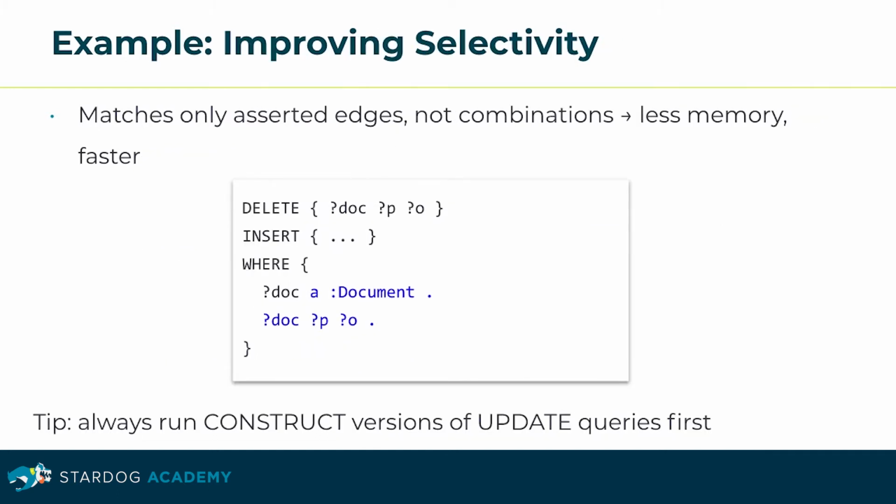Now, to improve the selectivity of this, we want to match only asserted edges, not combinations. And so here we put in a class, doc is a document, and then use that to find the additional edges. A good way of testing if you have the selectivity correct is to run a construct query as a version of this update first before we run the update. This concludes the section on understanding SPARQL evaluation.